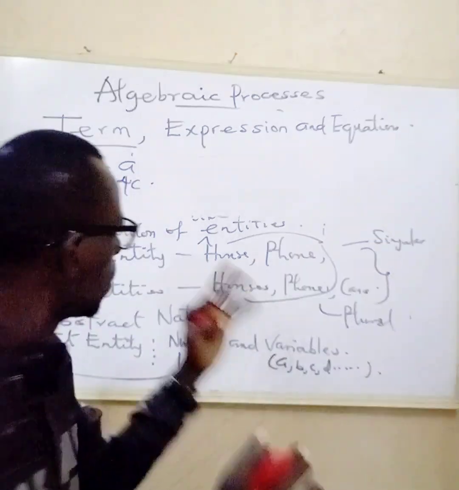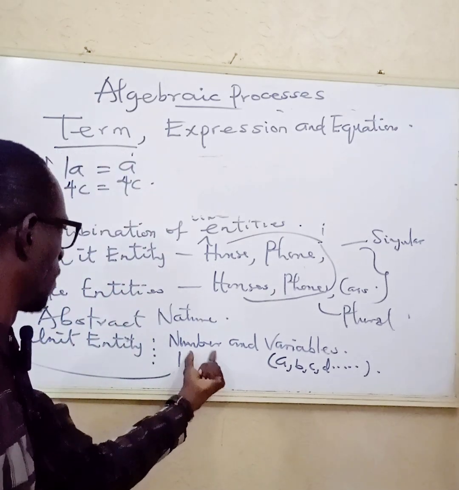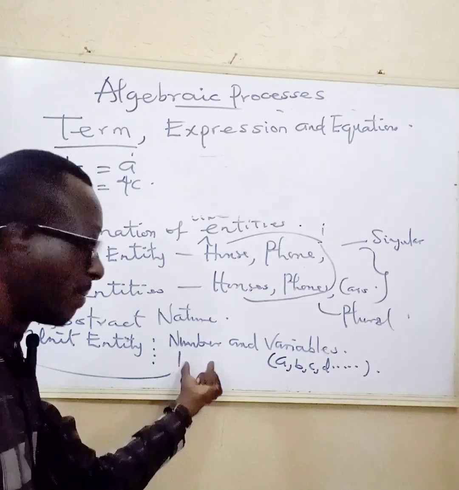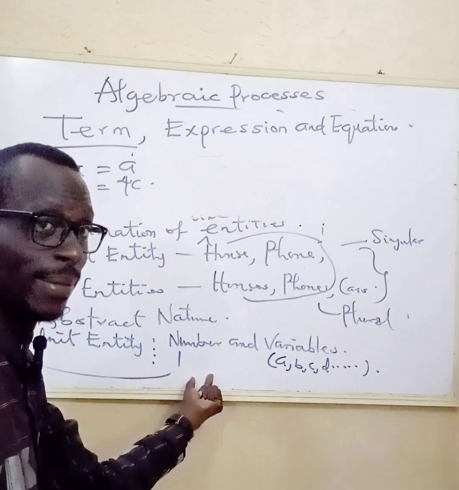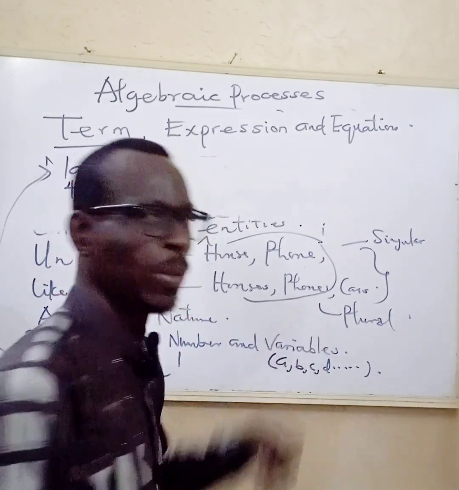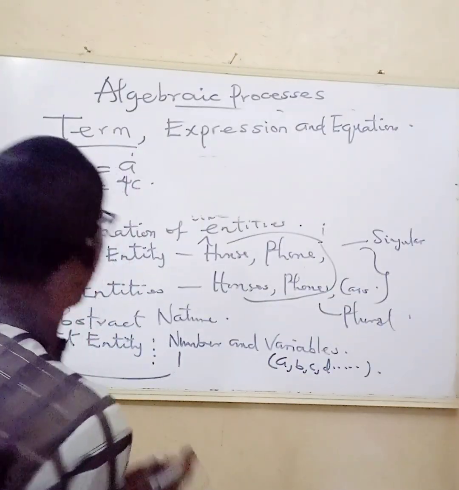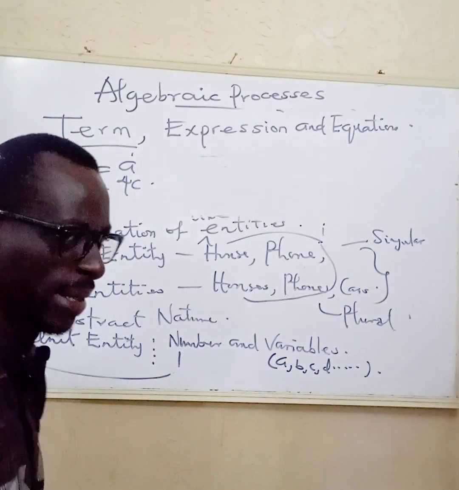But the combination of like entities means either you combine a number or a variable, or you bring them together. That is what we call the like entities.